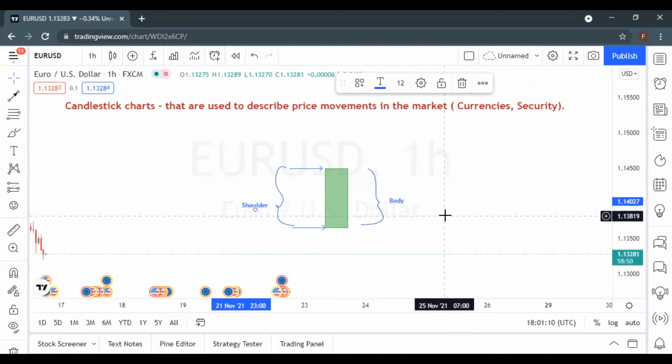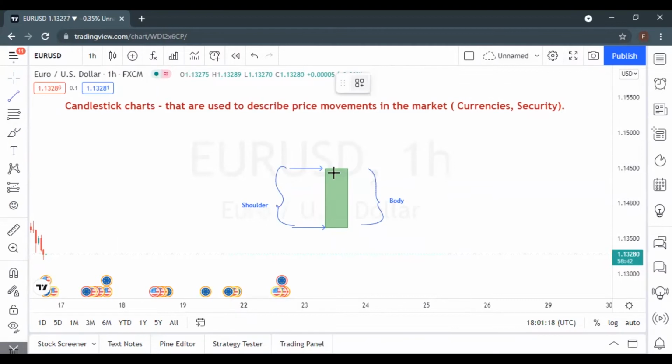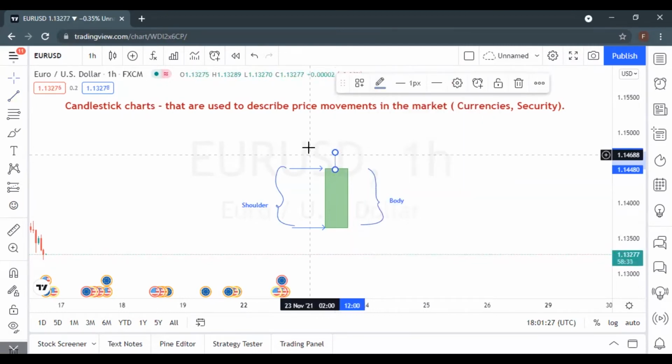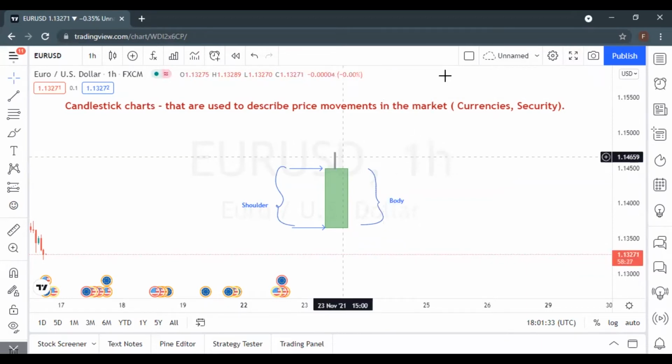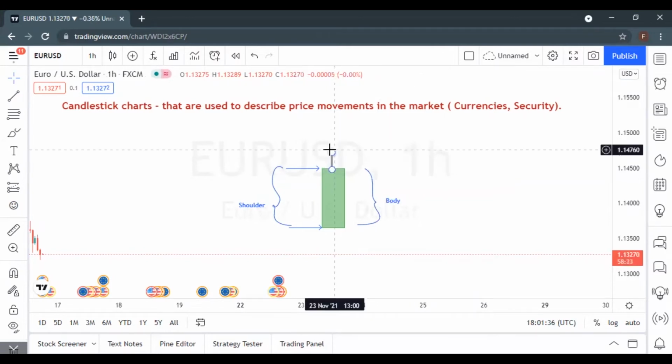Then you are going to realize that with some of the candlesticks, if you open your charts, you are going to observe something like this, right? Let's change this to gray. Let's make it a little bit bolder. Yeah, you're going to observe something like this. If you see this, we call this a shadow.